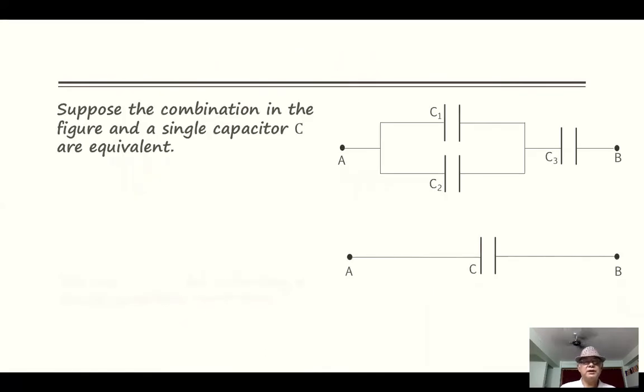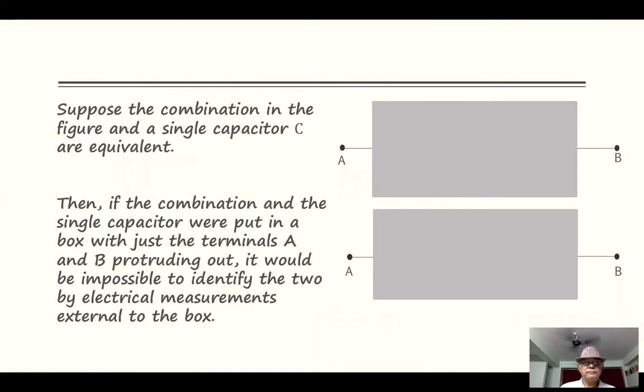Suppose the combination in the figure and a single capacitor C are equivalent. Then, if the combination and the single capacitor were put in a box with just the terminals A and B protruding out, it would be impossible to identify the two by electrical measurements external to the box.